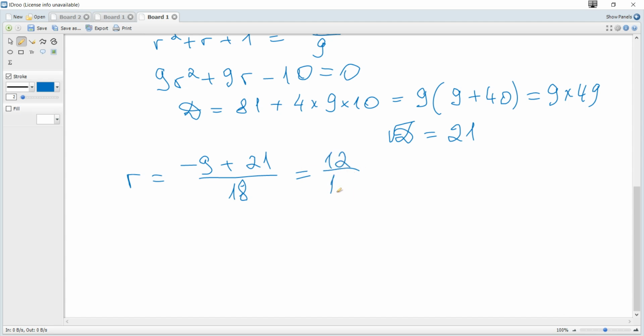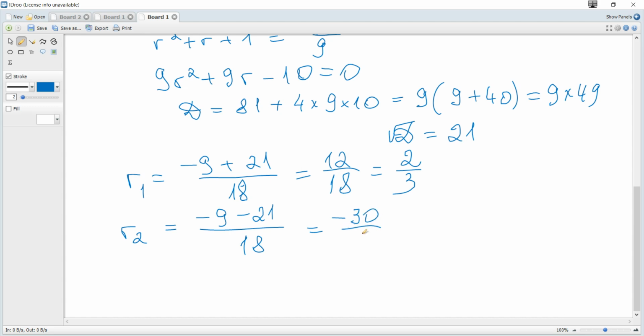12 over 18, which is 2/3. And another root is -9 minus 21 over 18, which is -30 over 18.